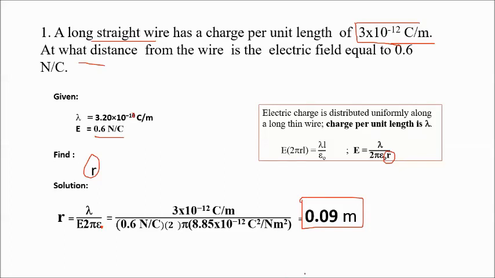Okay. Now, how come, ma'am, how come naging meter ang unit? Okay. So, balik tayo sa unit ng lambda. Lambda is expressed in terms of coulombs per meter. And then, divide newtons per coulomb, or is reciprocal? Coulomb per newton.